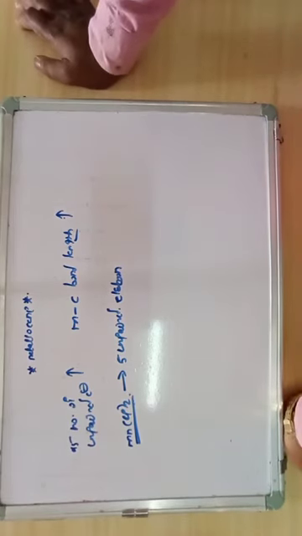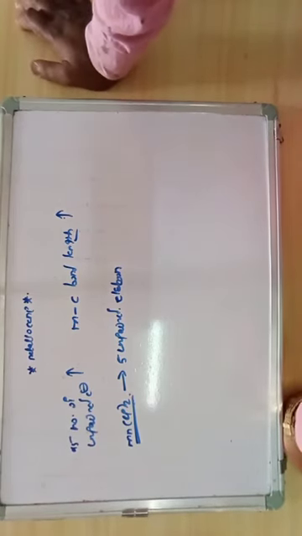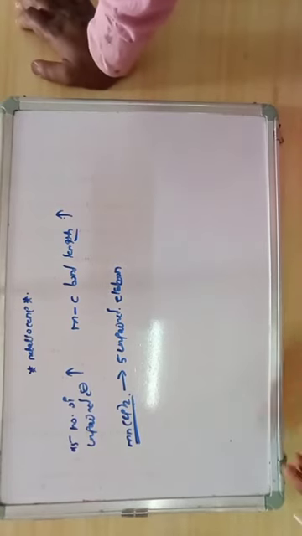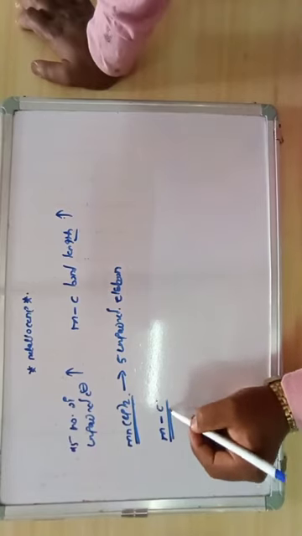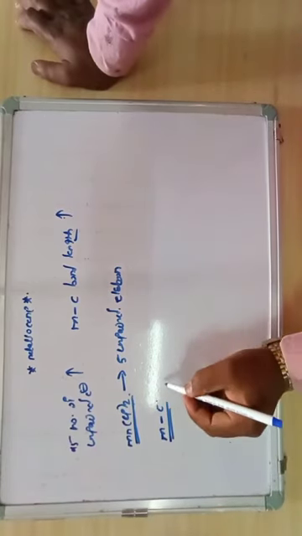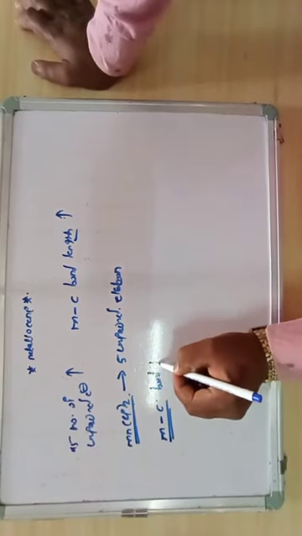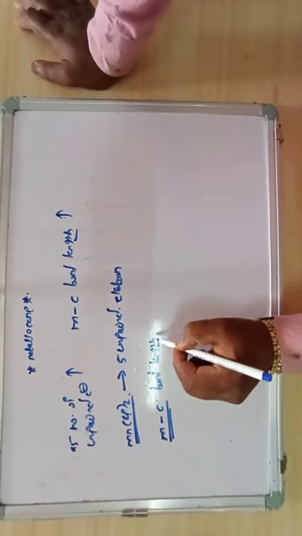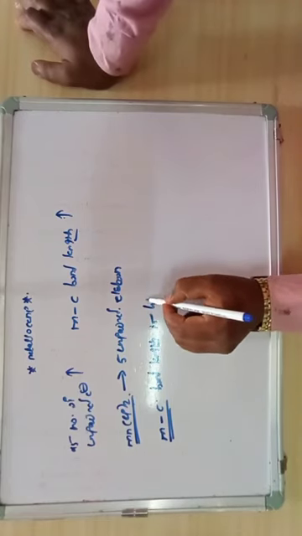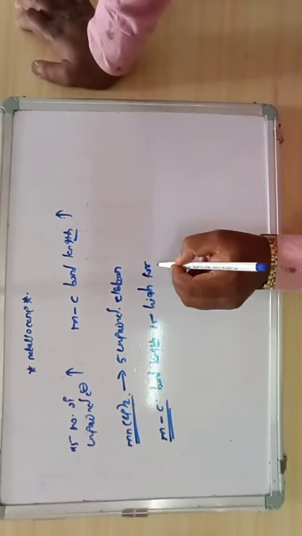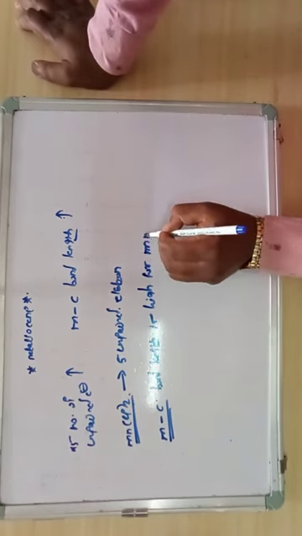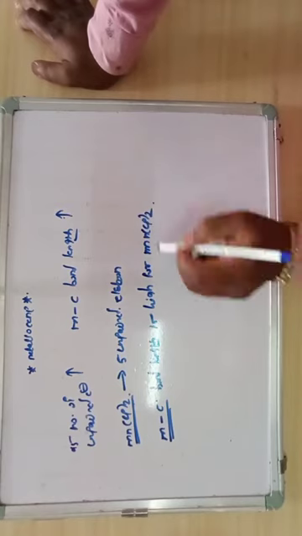So as the number of unpaired electrons increases, the M-C bond length increases. The metal atom to carbon of cyclopentadiene bond length is highest for MnCp2 compared to all other metallocenes.